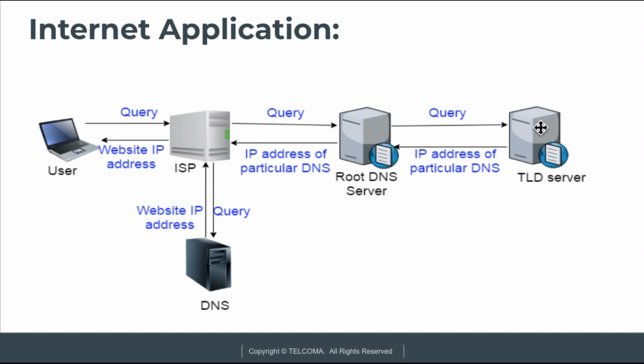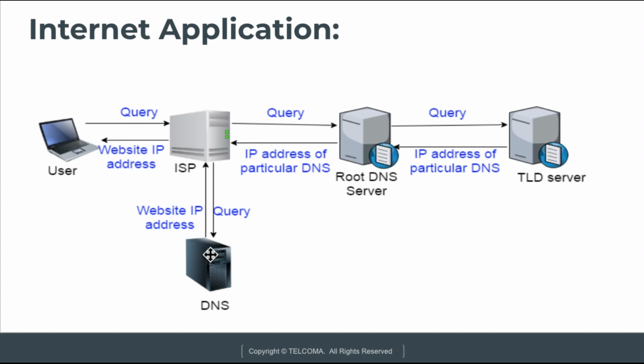The TLD server stores the address information for second level domains within the TLD. Now, as the query reaches the TLD server, the recursive resolver sends the query to the DNS. That is, after getting the address of the TLD, it contacts the particular DNS server, which knows the IP address of the full domain.